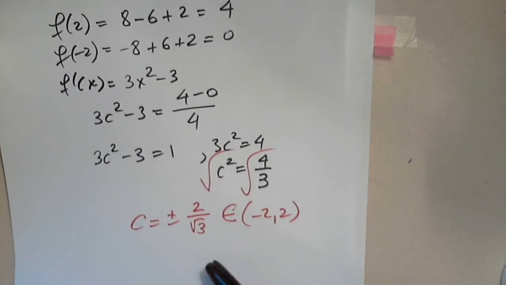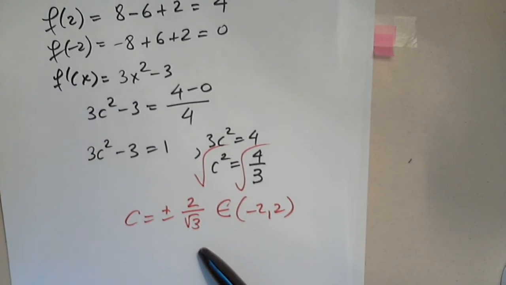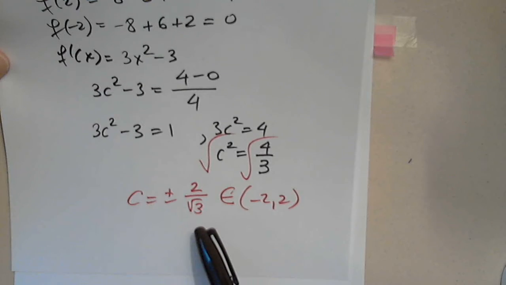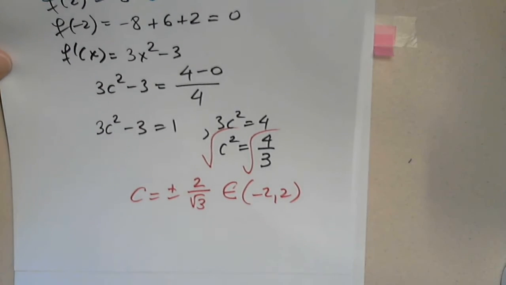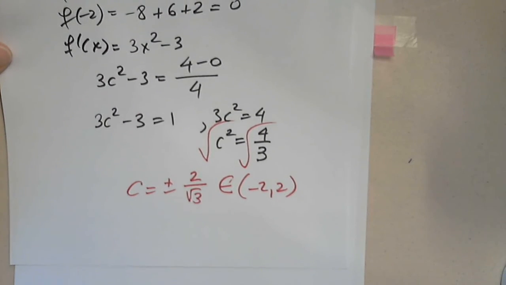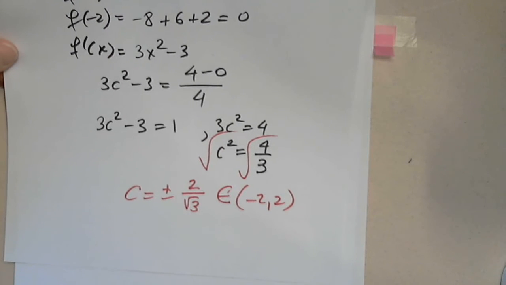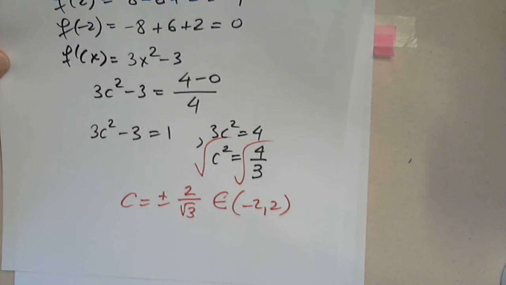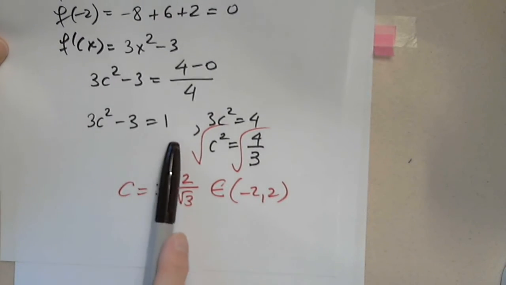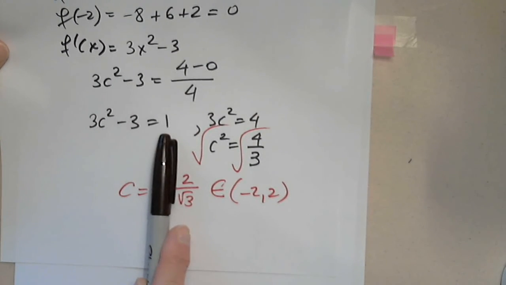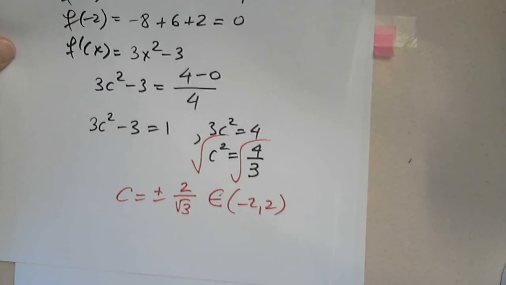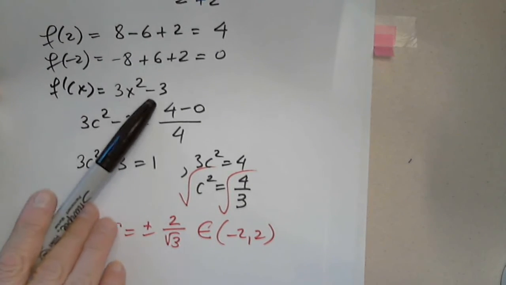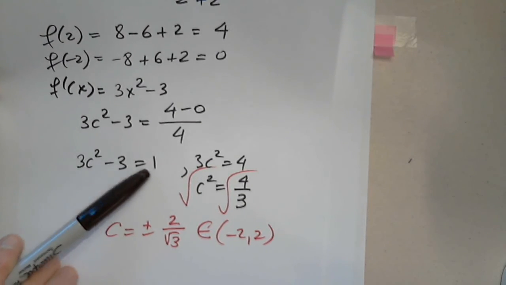So obviously there are 2 points on this graph whose rate of change, whose derivative, will be the same. And equal to what? Equal to 1. That's our f prime. Our f prime is 1 at these points.